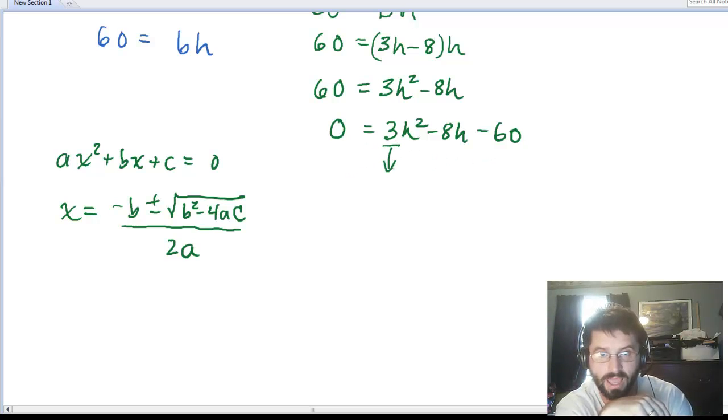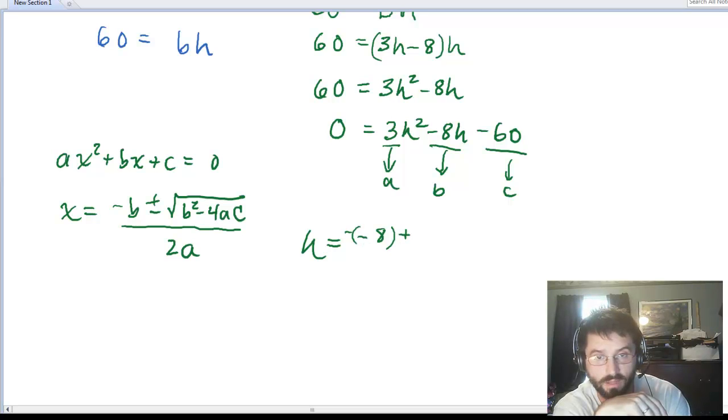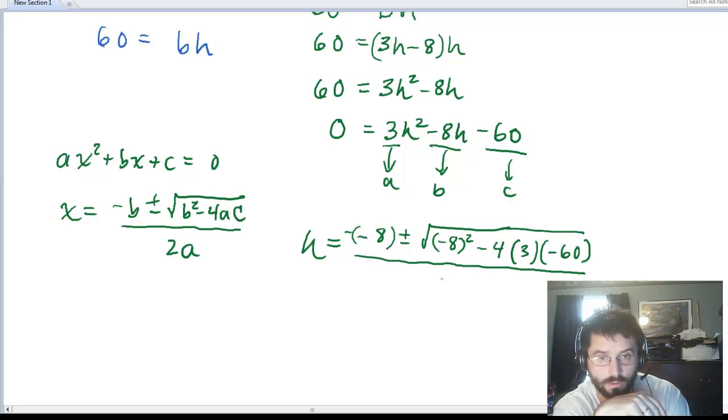We take this to be a, negative 8 to be b, and that to be c, and we plug it into this equation here. Of course, x is h. So h is equal to, oh wait, it's negative b, so it's negative of negative 8, plus or minus the square root of negative 8 squared, because it's b squared, minus 4a times c, all over 2 times a.